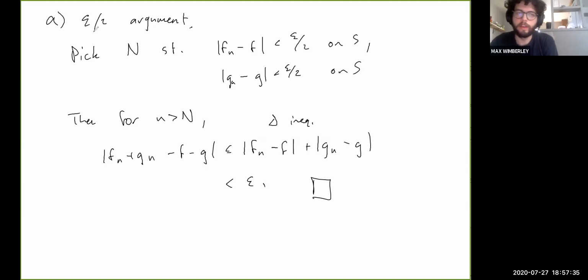Hopefully the point I'm trying to make by being so cavalier about this is that by now you've seen this argument enough, and have enough of a sense of the structure of how these proofs work, that you can almost see this entire proof playing out in your head when you look at the statement.